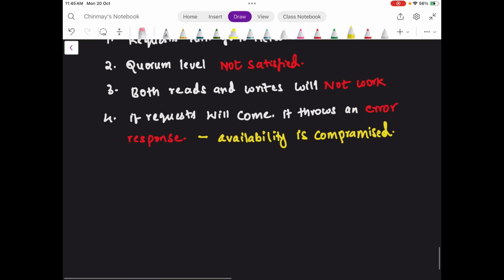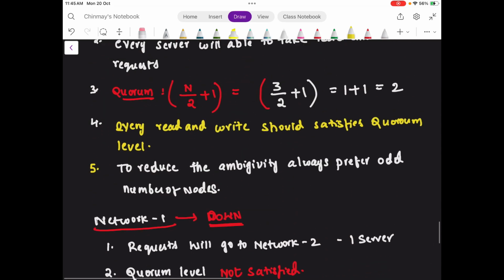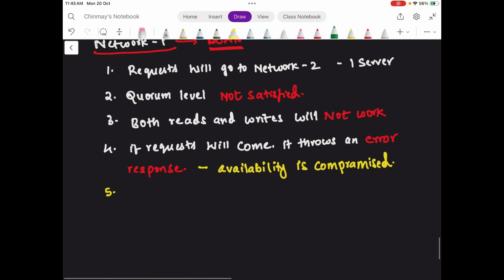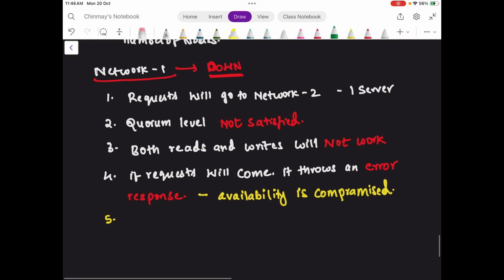After some time, this network is up. Now both the servers will be able to take the requests. Here availability is compromised, but there is no compromise in the consistency.